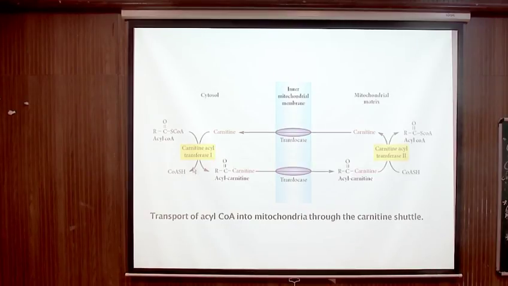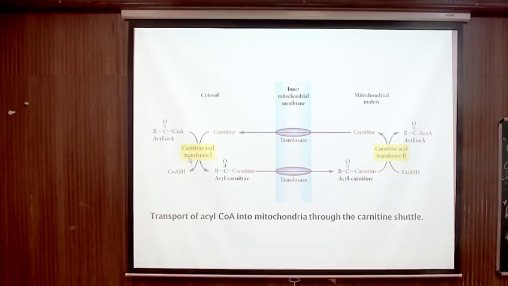Mind you, there is a coenzyme A pool in the cytoplasm and a separate coenzyme A pool in the mitochondria. So here in the cytoplasm, carnitine combines with acyl coenzyme A and gives off coenzyme A, because coenzyme A is bulky and cannot enter the inner mitochondrial membrane.